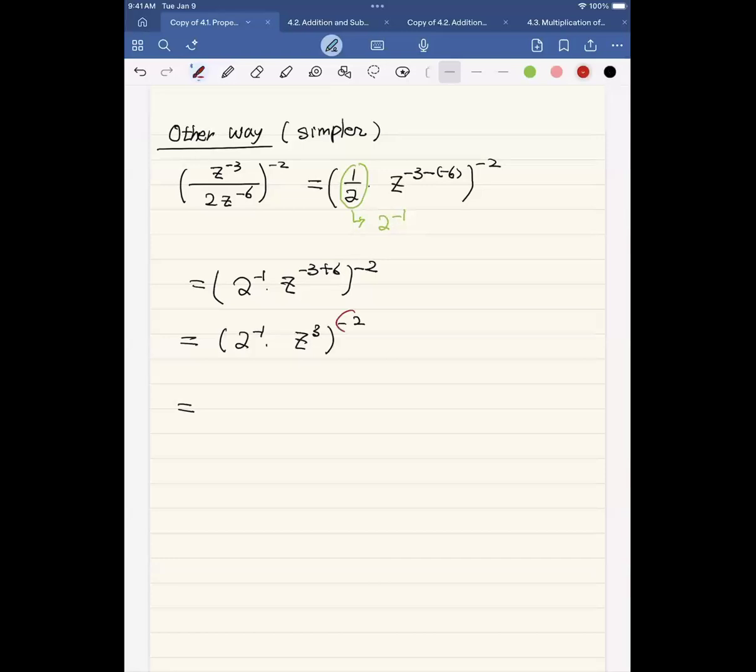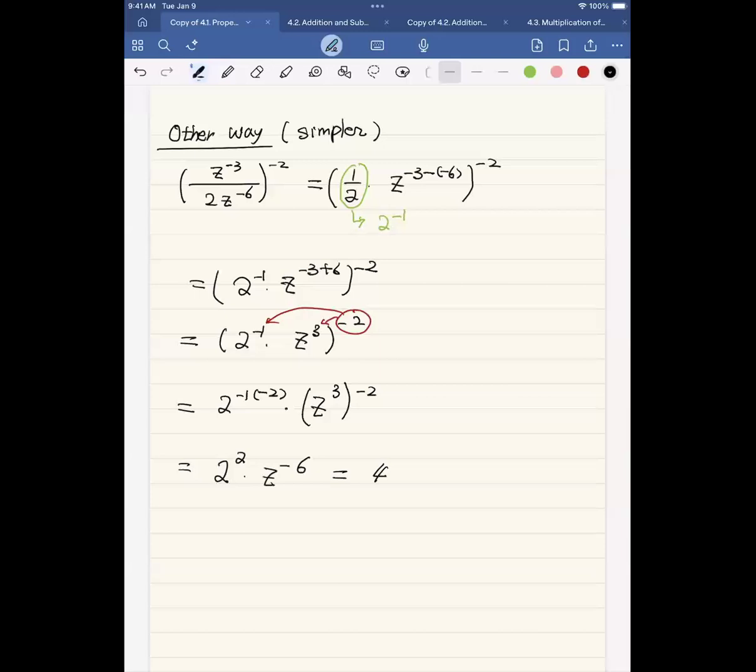So we distribute the power to the first and second. Then that is 2 to the negative 1 times negative 2 times z cubed to the negative 2. So that's 2 squared times z to the negative 6 power.